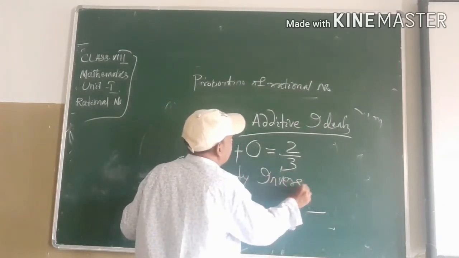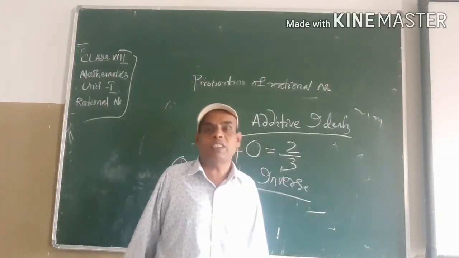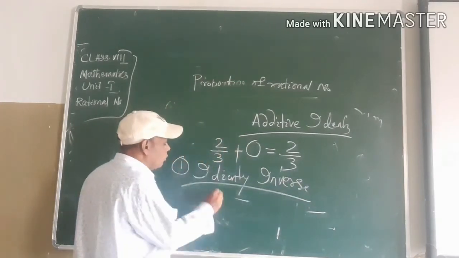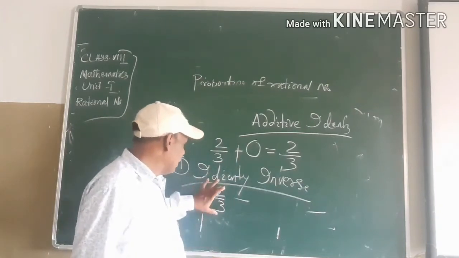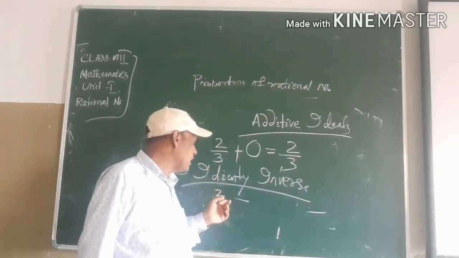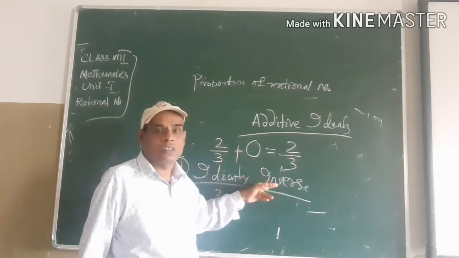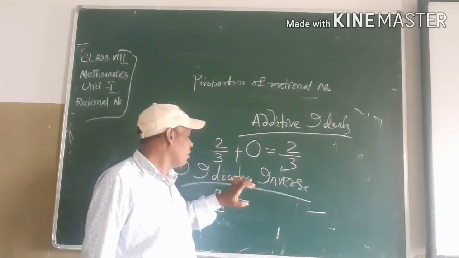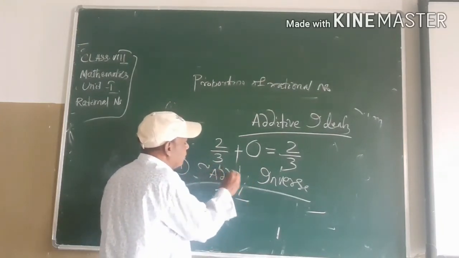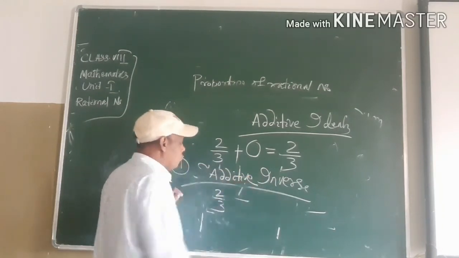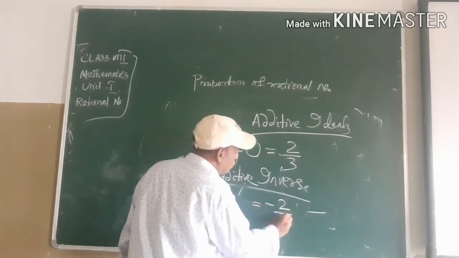Identity inverse means, for any rational number, suppose 2 by 3, if you are considering the rational number 2 by 3, its identity inverse, otherwise you can say additive inverse, will be minus 2 by 3. Simply remember minus 2 by 3.